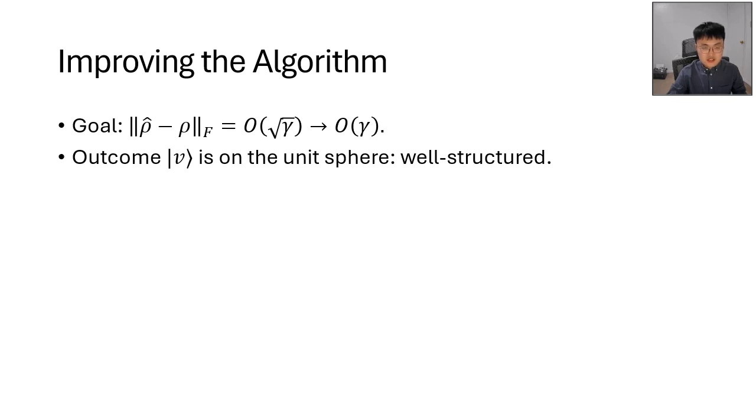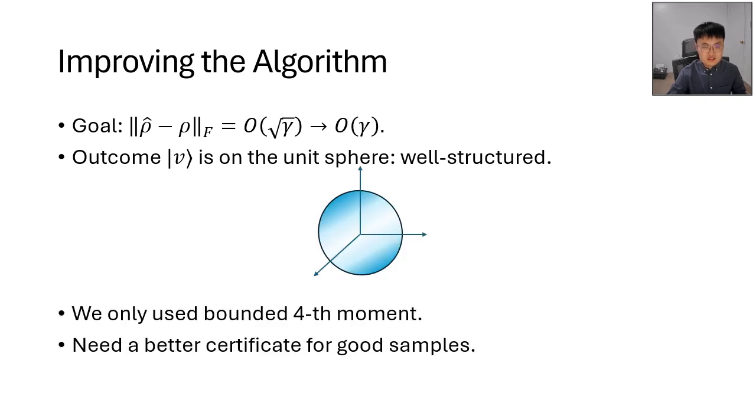So we need to take advantage of more structural information about our distribution. Recall that our distribution is actually very well structured. It's on the unit sphere, so you should have bounded higher order moments of any order. But our previous algorithm only used the fourth order moment. So we need a better certificate for the good samples.